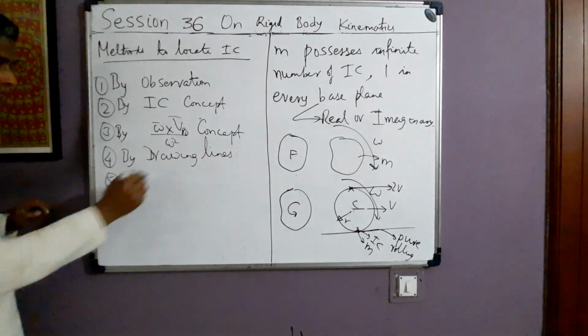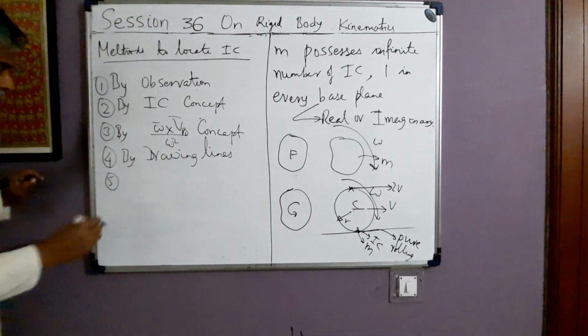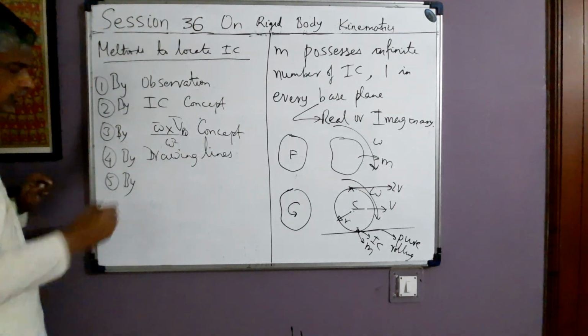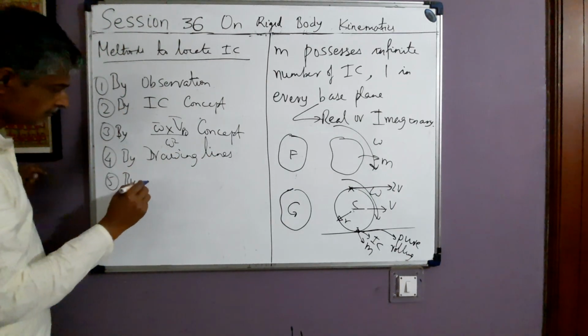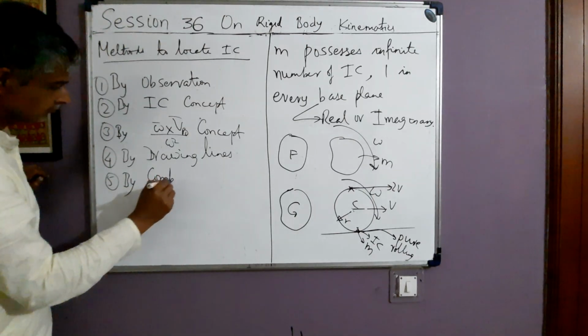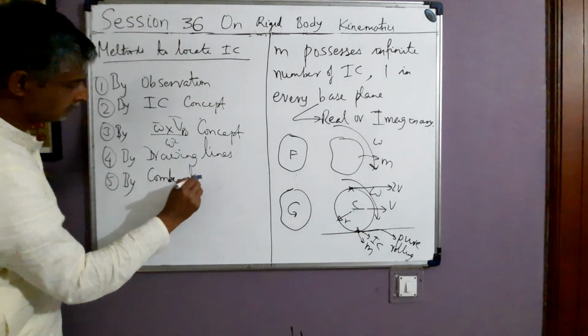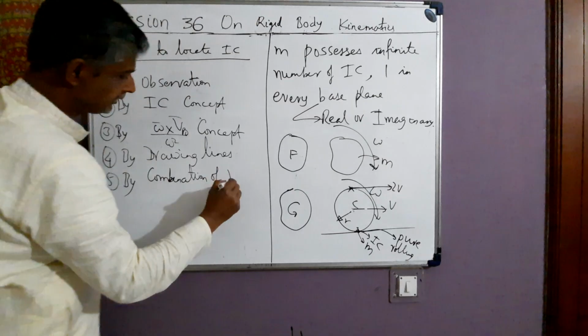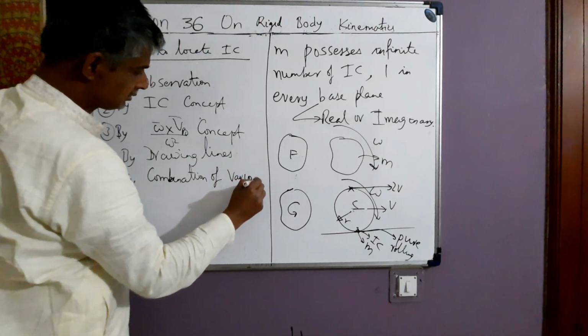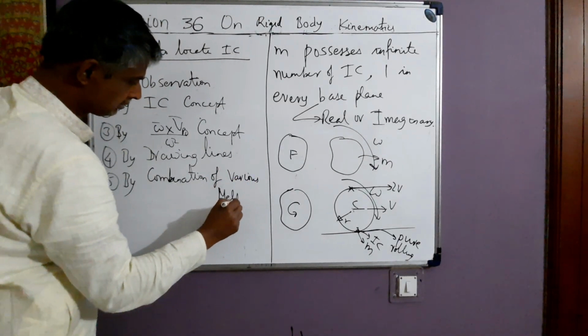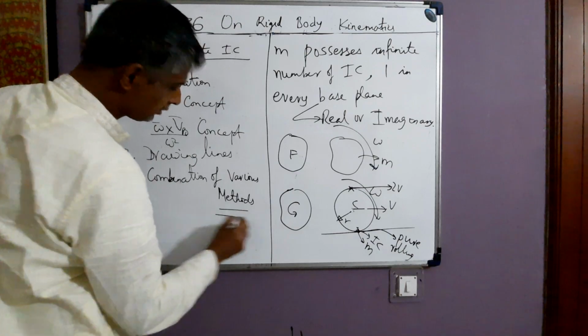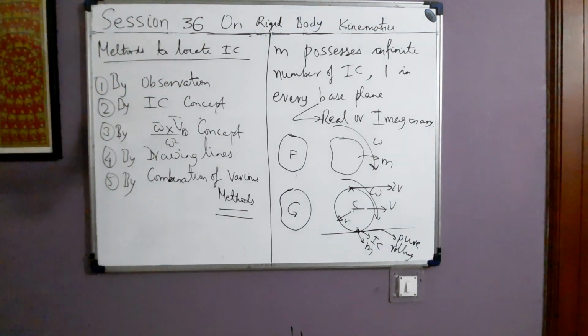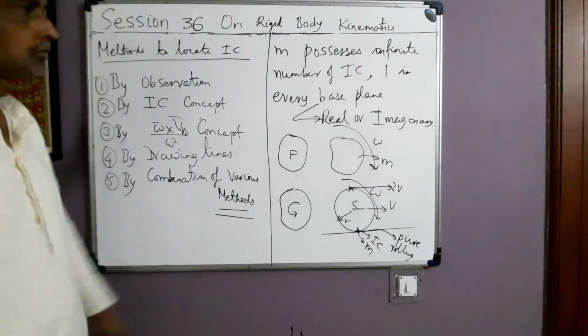Fifth is by a combination of various methods. By a combination of what? Various methods. Alright, fine. So I have this here.